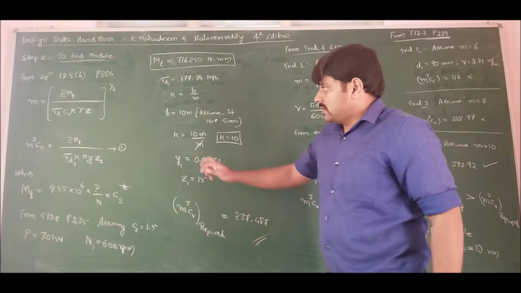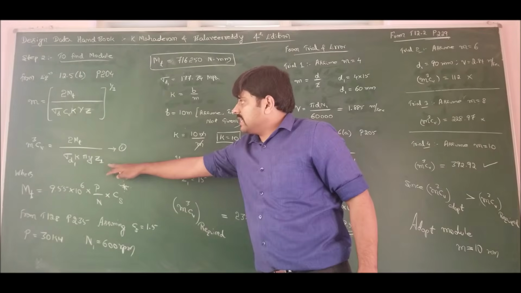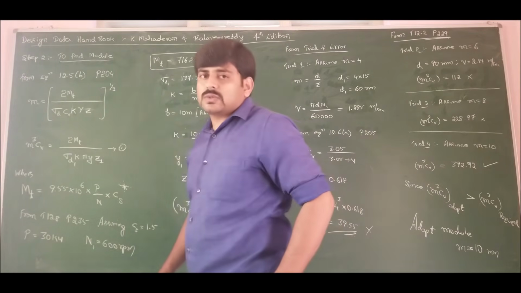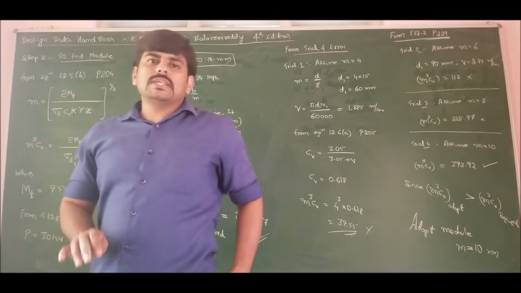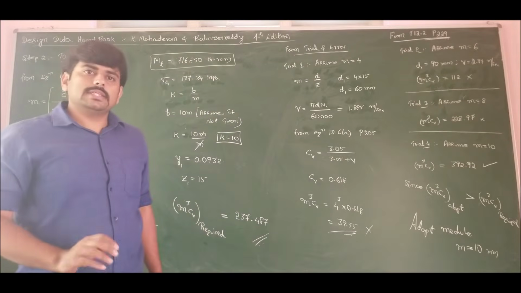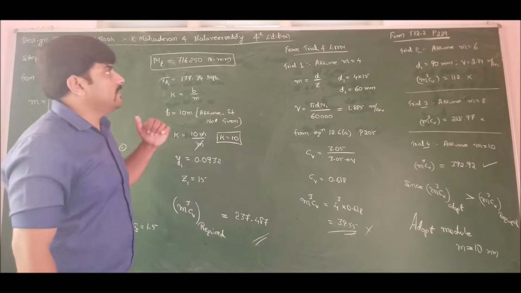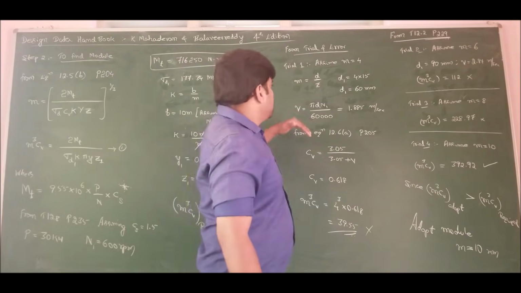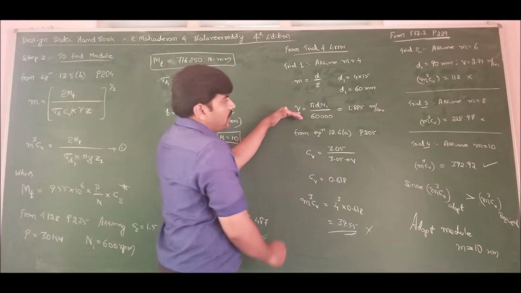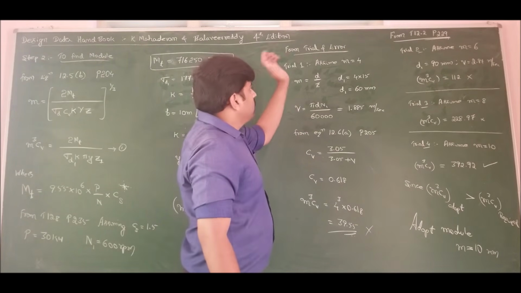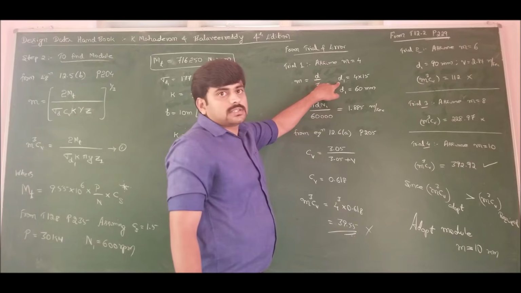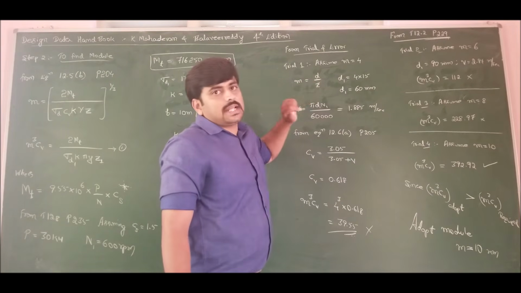Now, I told you why we use m cube CV instead of m square y for problems in which PCD is not given. To find CV we want velocity, and to find velocity we want diameters, which is nothing but pitch circle diameter.